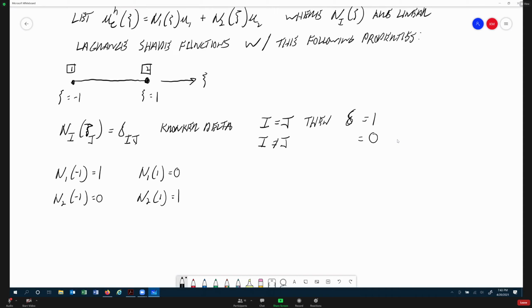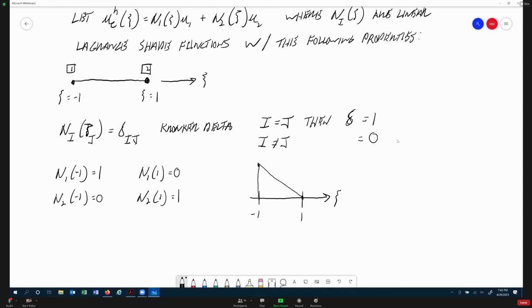So if we go to our little line here, where we're in C space, we're at -1 and we're at 1. What we're saying is that the amplitude, the value at -1 here is 1, and at C equal to 1, it's 0. So our shape function shoots up to 1 and comes down.